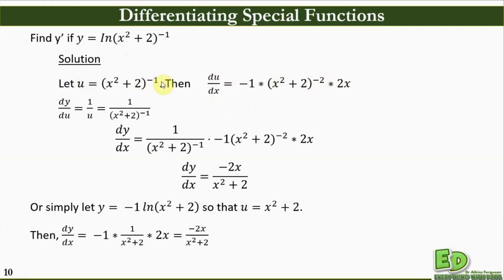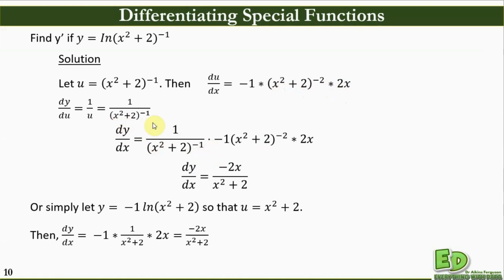Bring the power in front of the function, reduce the power by 1, gives you minus 2. Multiply it by the differential of what is in the bracket, x squared plus 2, that will give you 2x.